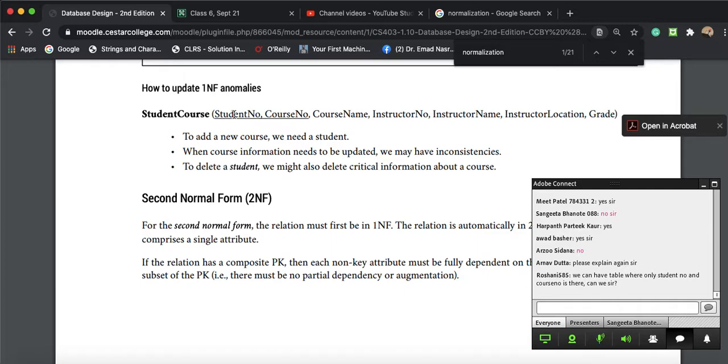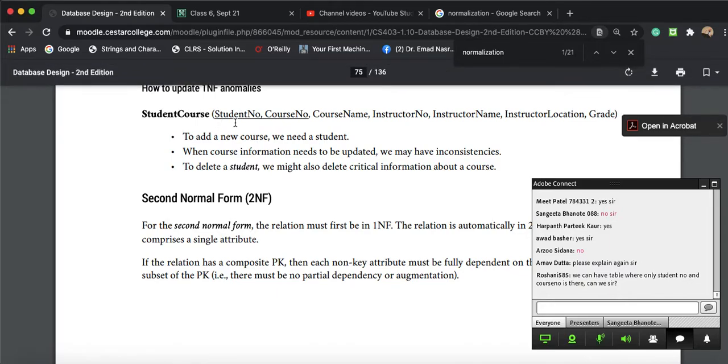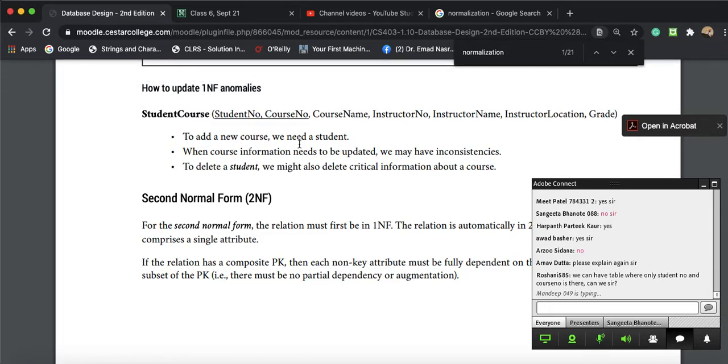So here, this problem needs to be solved. But before we solve the problem, we are showing you what the problem is.